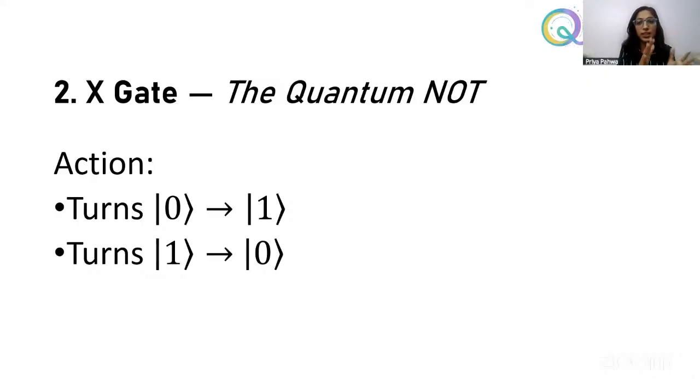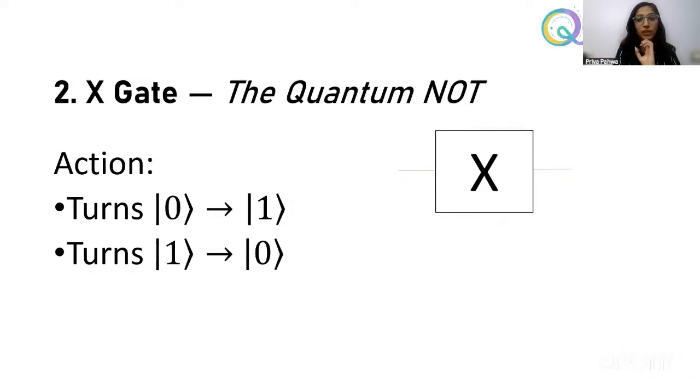It's the quantum analog of the classical NOT. And this is how it looks. I've kept it very basic, because in the algorithmic implementations I'm not going to use too many qubits. I don't want you to get confused; I want each one of you to get whatever I'm saying.